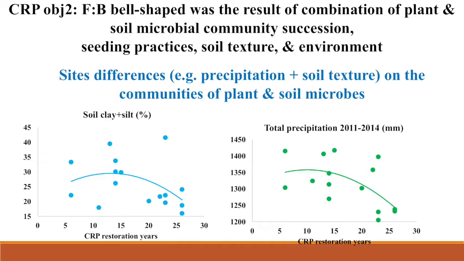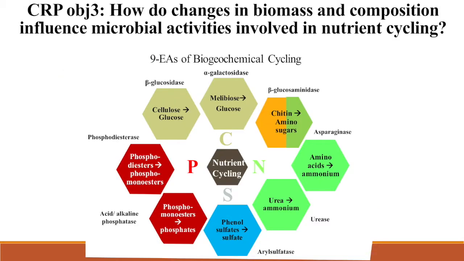So our conclusion is that this bell-shaped fungi to bacteria ratio was a result of the combination of plant and soil microbial community succession, seeding practice, soil texture, and the environment.